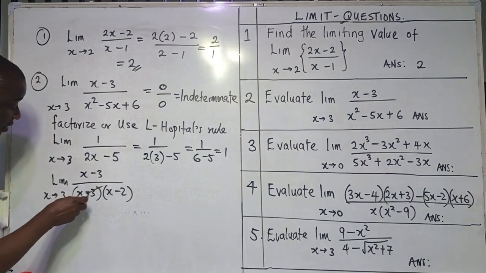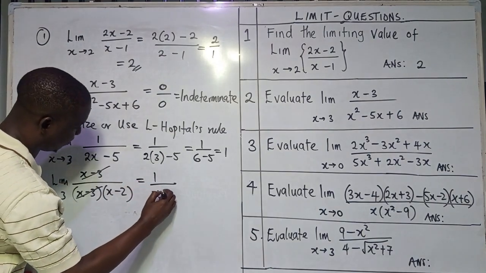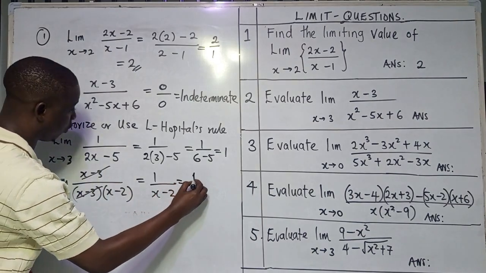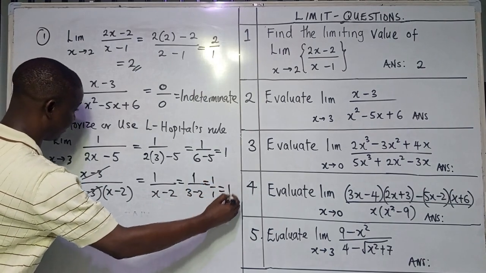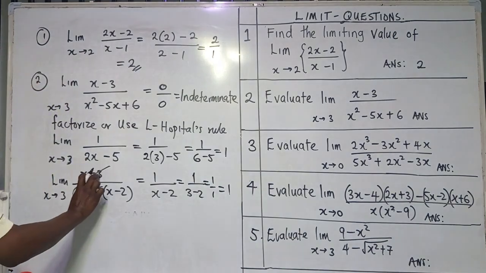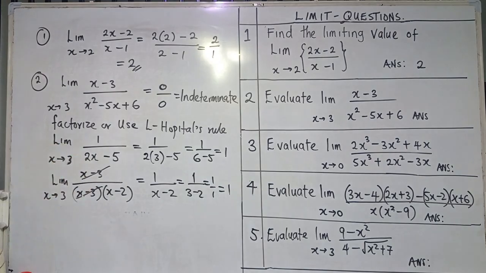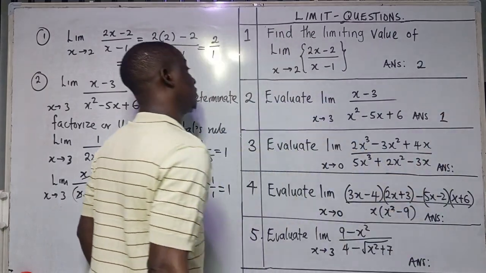If you eliminate this one now, what would we have left? 1 over x minus 2. We put 3 here, then it gives us 1 over 3 minus 2. 3 minus 2 is 1. 1 over 1 is still 1. So either you use the factorization method or you use L'Hopital's rule method, you still get the same answer. So the answer to this question is 1.